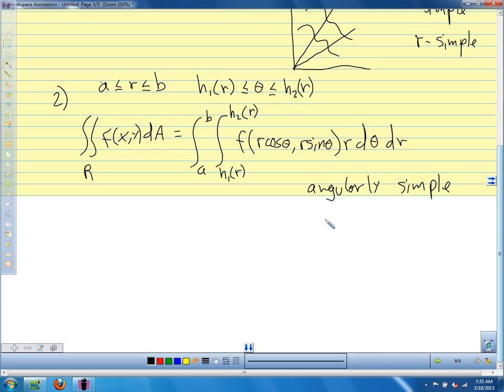And our region is going to look like this. So essentially what we're doing here is dividing our region into little rectangles that go from one radius to the other, and here we're dividing our region into little rectangles that go from one angle to the other.